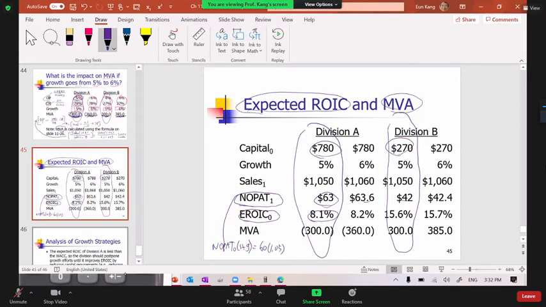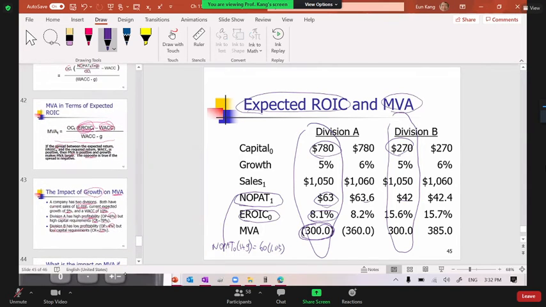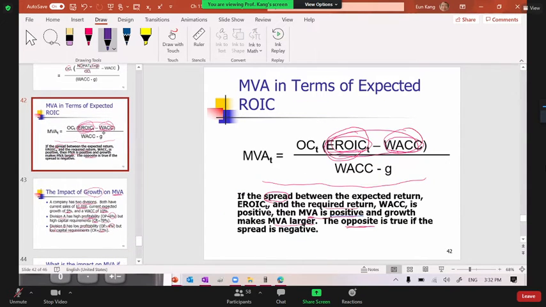Then how would you get this 300 from this table? Anybody? That is actually using this formula: OC0 times EROIC minus WACC over WACC minus g.